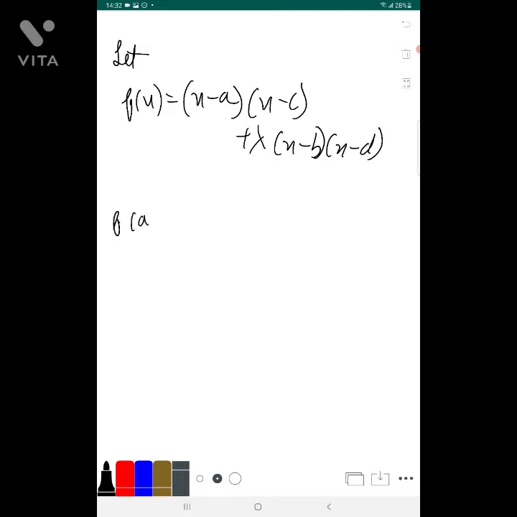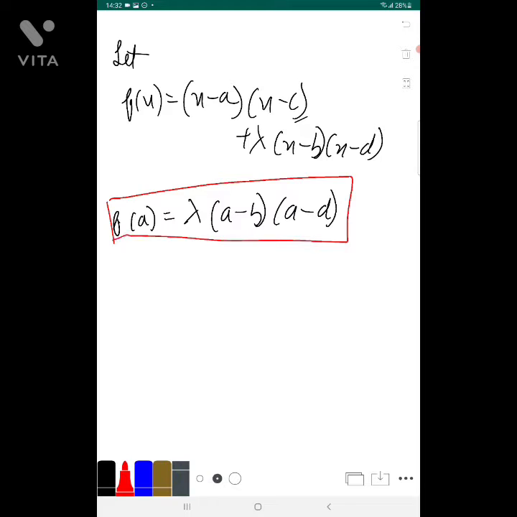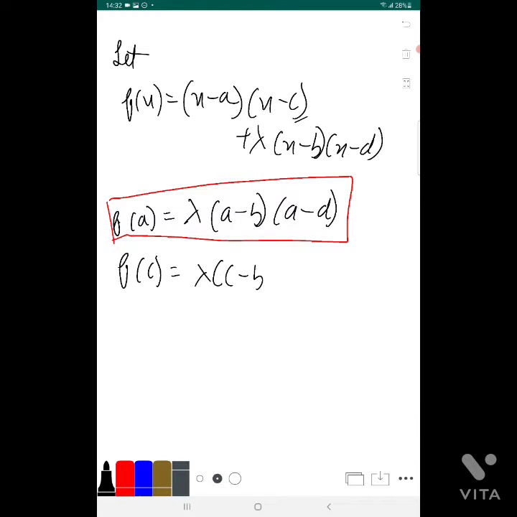So we get f of a equal to, now this thing turns 0, so as a result this whole thing turns 0, and we are only left with this expression: lambda of a minus b into a minus d. And then let us also put the value of x as c, and let us see what happens. So f of c equals lambda of c minus b into c minus d.